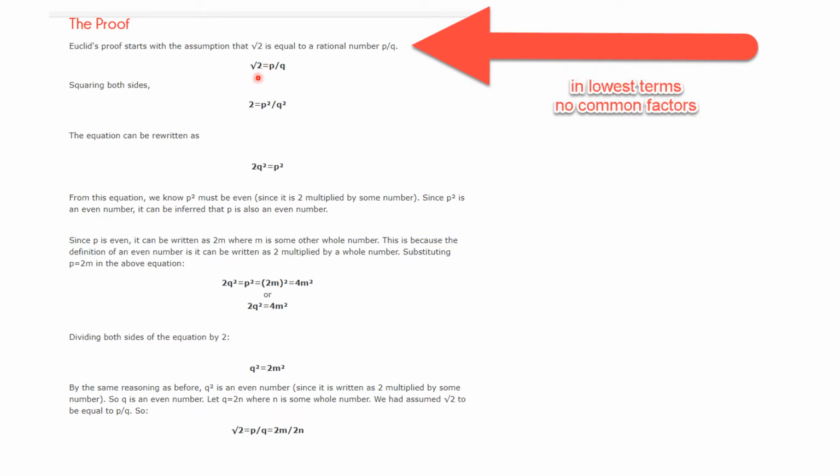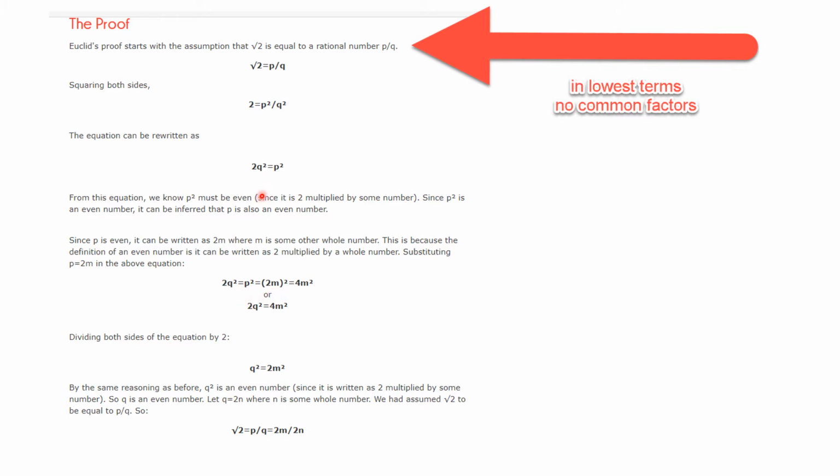So if we assume the square root of 2 is P over Q, then we can square both sides, getting this. And do a little bit of algebra and we get this. So we have that P squared is equal to 2Q squared. But since P squared is even, it's a multiple of 2, one can infer that P is also even, and that means that P can be written as 2m.